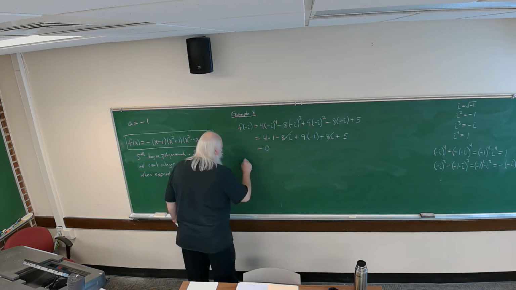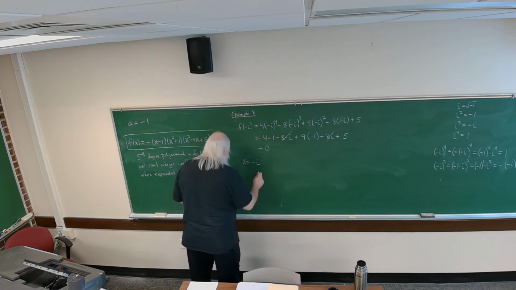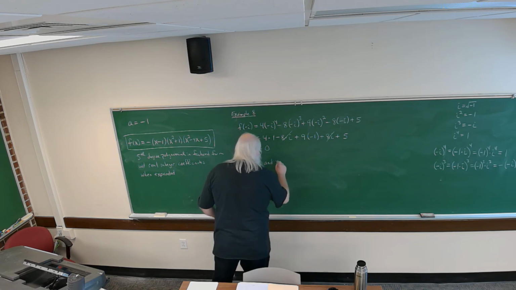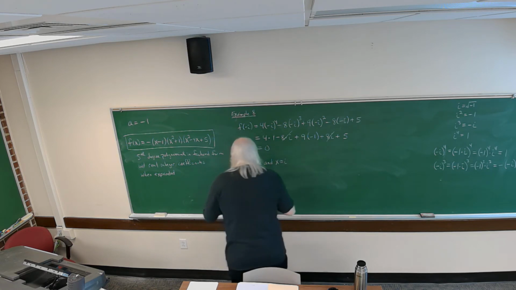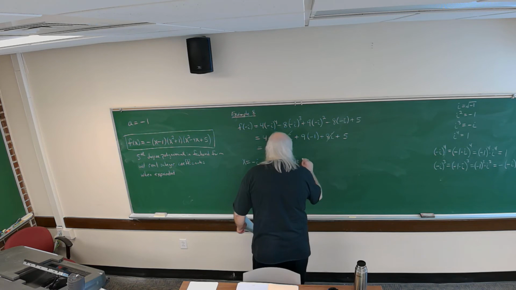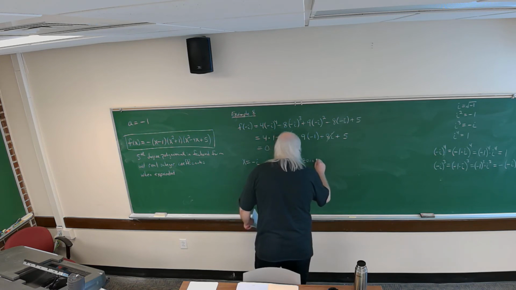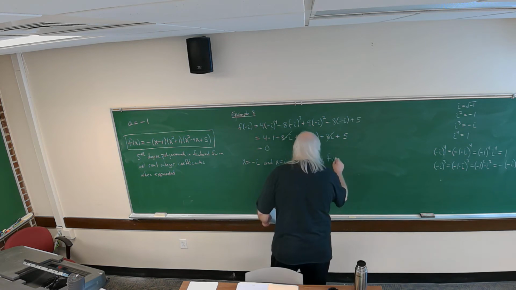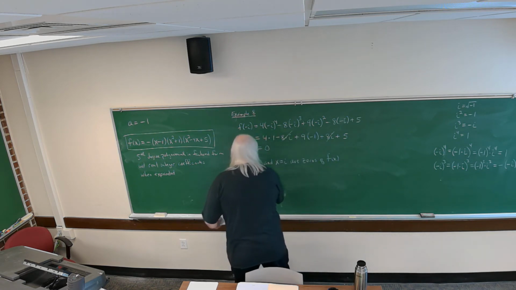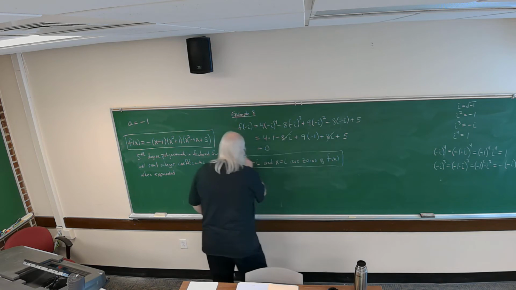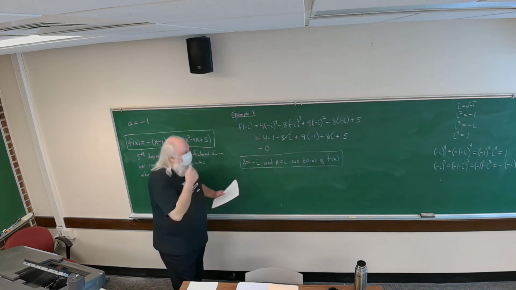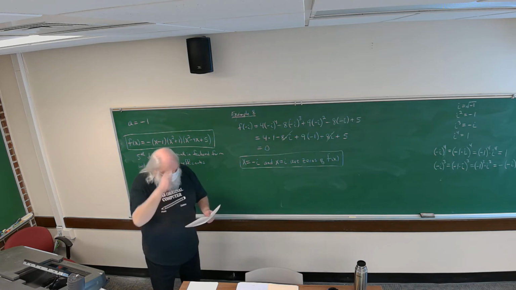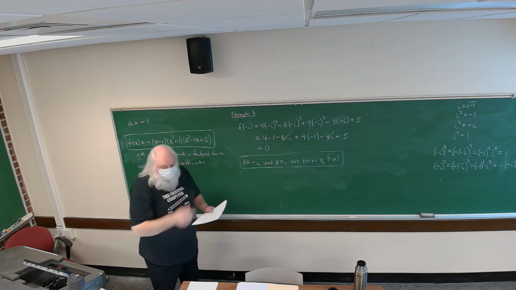So x equals minus I, and x equals I are zeros of f of x. And we're instructed to find all the zeros of f of x, right? So we found 2 of them.